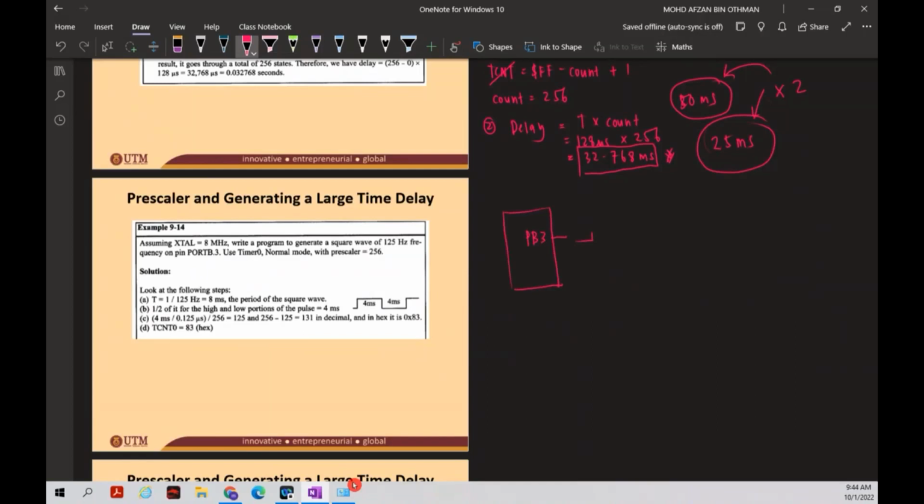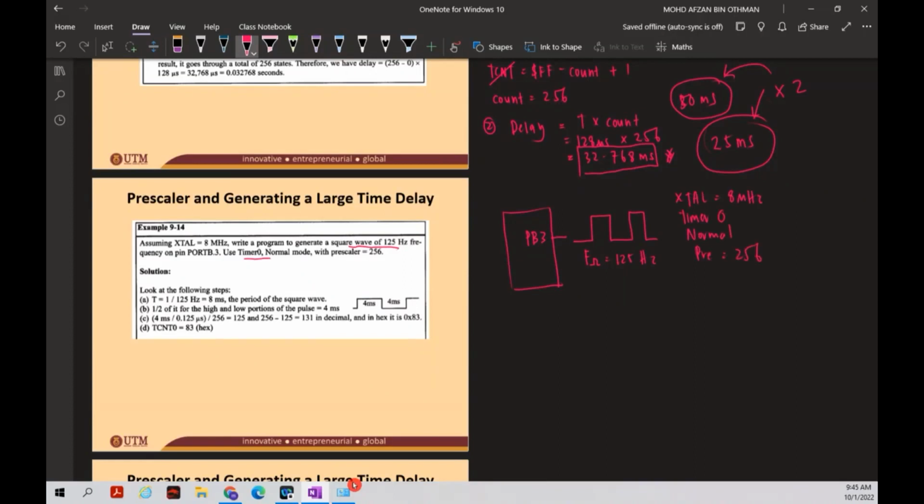This PB3 is to generate a square wave, and given that the frequency of this square wave is 125 hertz, using timer 0, and it's given that the external frequency is equal to 8 megahertz, timer 0, normal mode, and prescale equals 256.